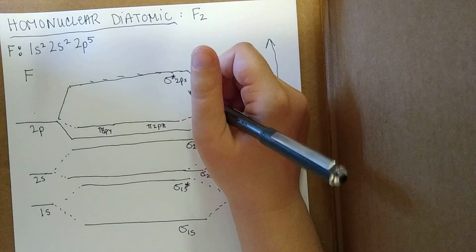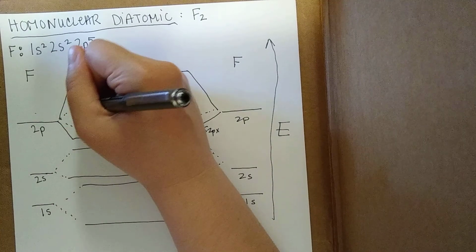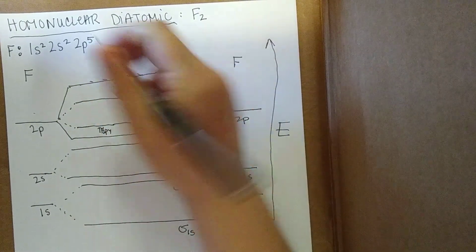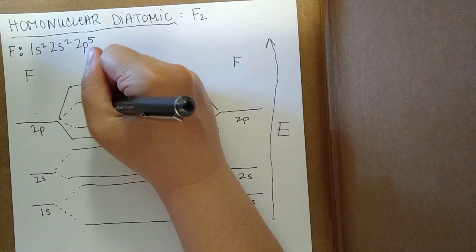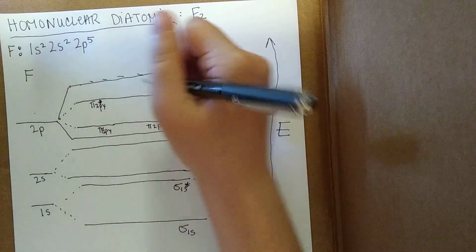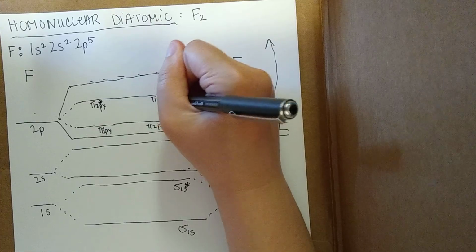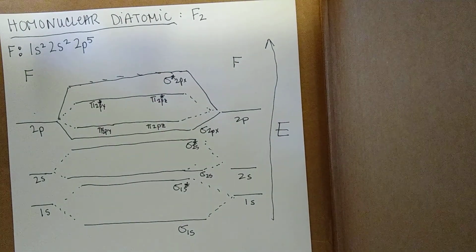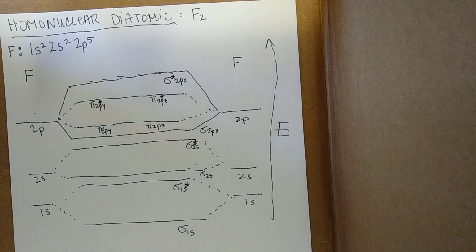They both have equal energy. And then, of course, there are the anti-bonding orbitals that correspond to them: pi 2py star and pi 2pz star. So this is our orbital diagram that we have to fill in.